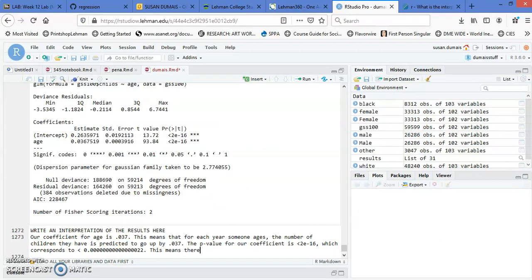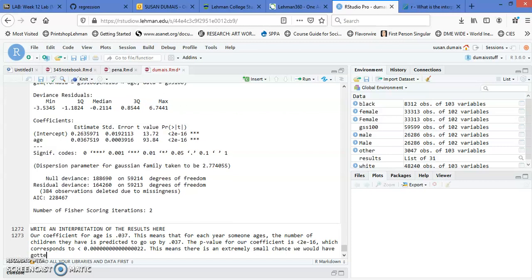This means there is an extremely small chance we would have gotten these results if, in fact, there was no relationship between age and number of children.